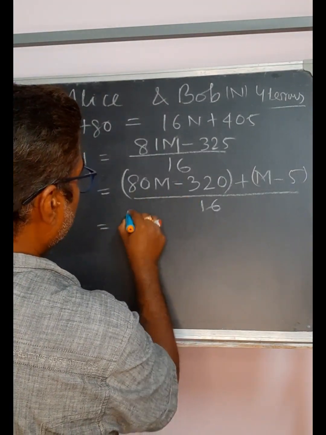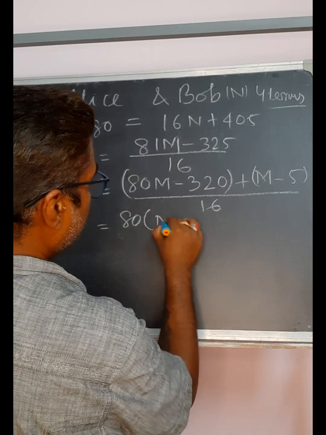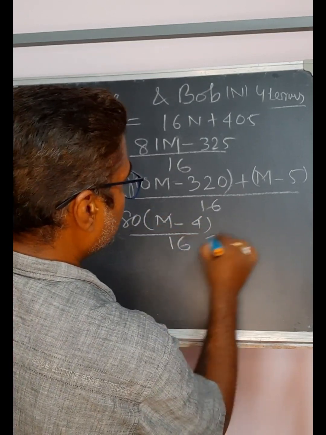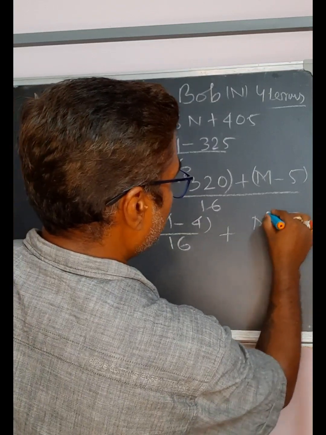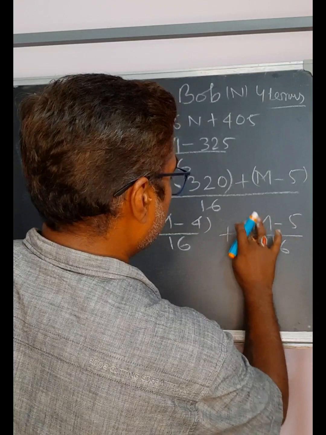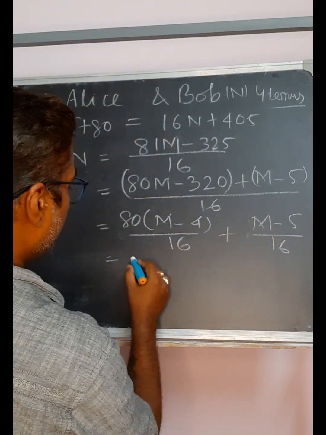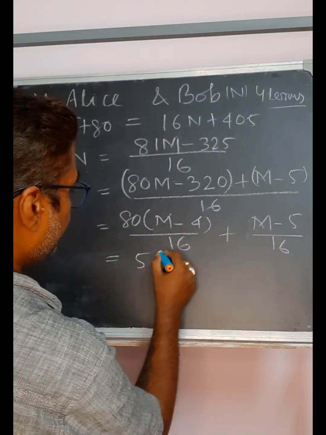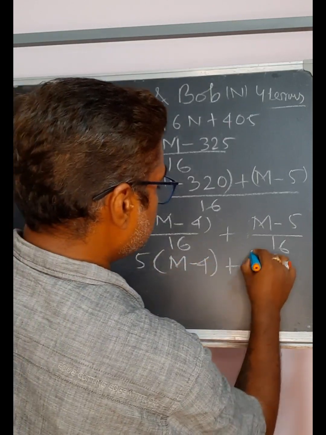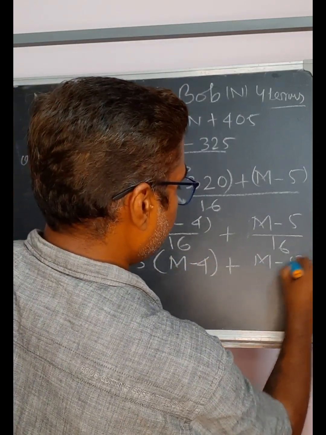So now if I take out 80, it becomes 5(m minus 4)/16 plus (m minus 5)/16. Okay, so now it will become (5(m minus 4) + (m minus 5))/16.